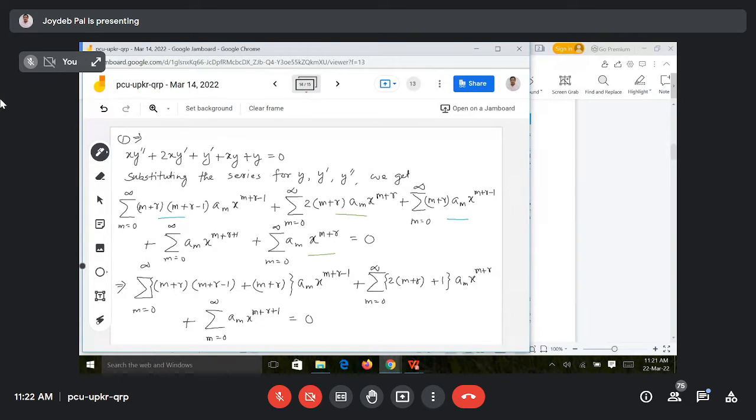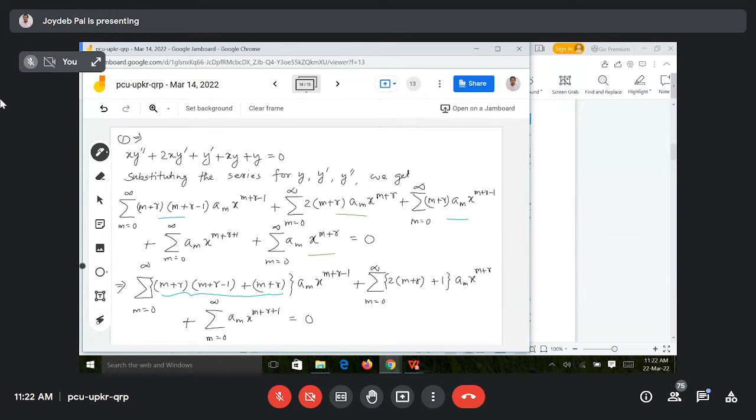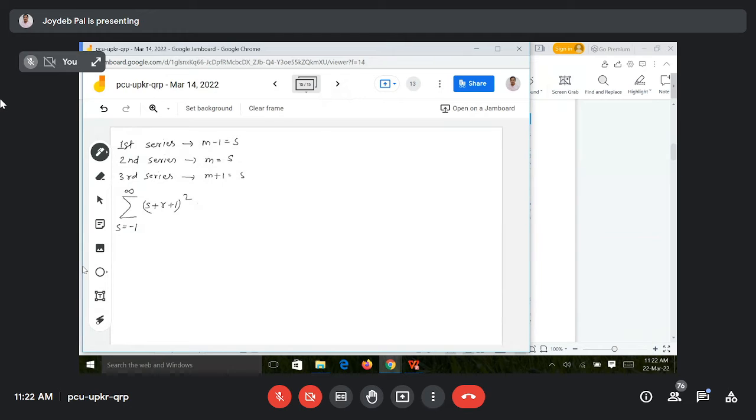So it is not it, m plus r whole square? So m is equal to s plus 1, so it will be s plus r plus 1 whole square, a_(s plus 1) x to the power s plus r.